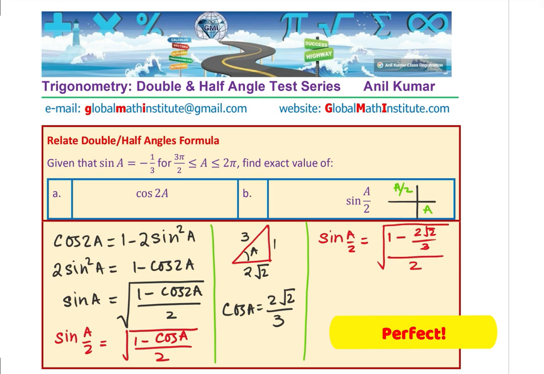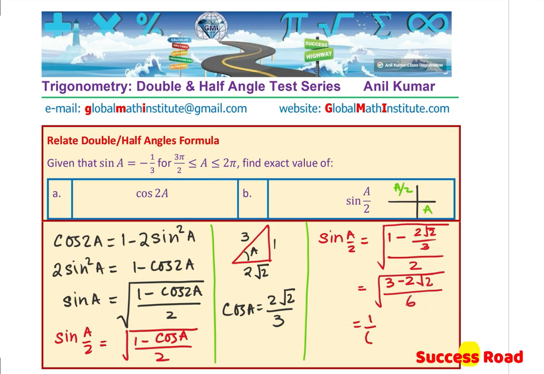So we can rewrite this by bringing 3 to the denominator. We get 3 minus 2 square root 2 over 6. Now it is a good idea to rationalize the denominator, right? If I multiply by square root 6, I get this 6 outside, and within this radical, we can multiply by 6, getting 18 minus 12 square root 2.